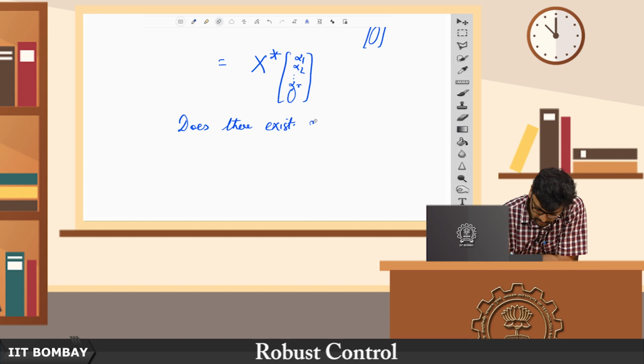Now the question before me is, does there exist, what should I name this vector? I am running out of variable names.